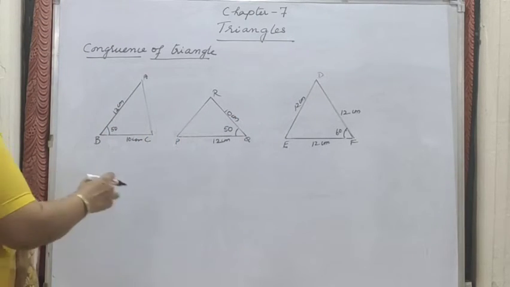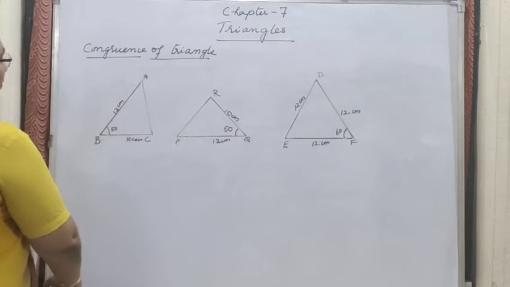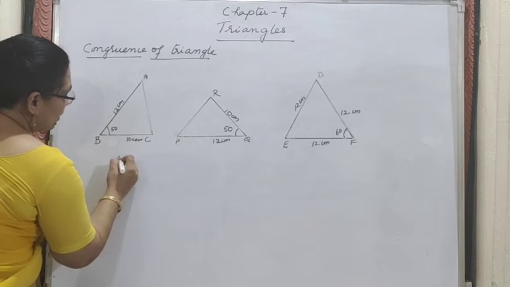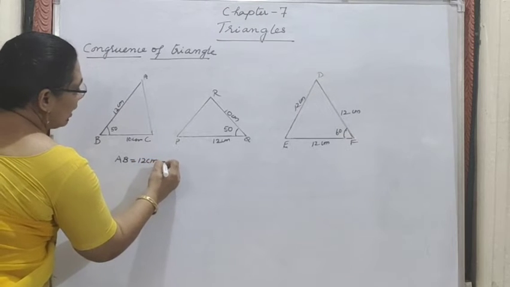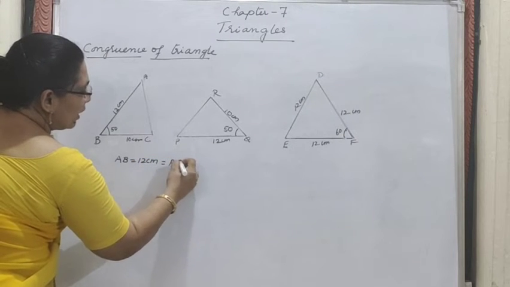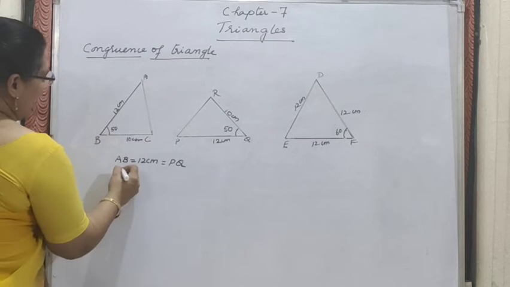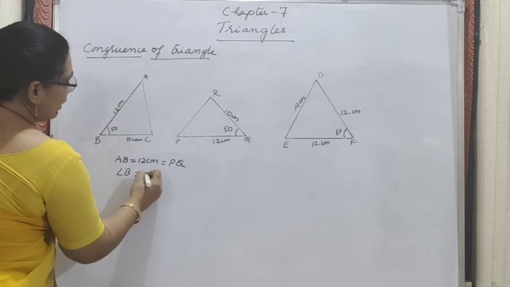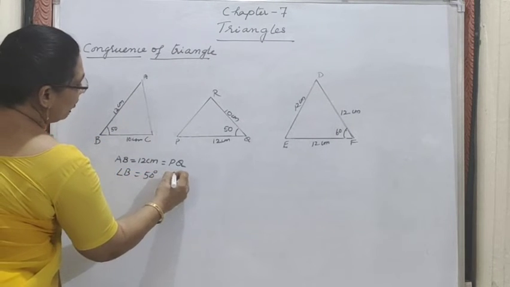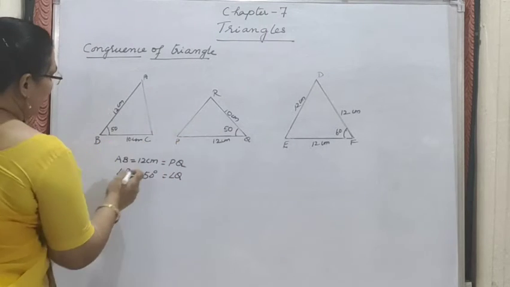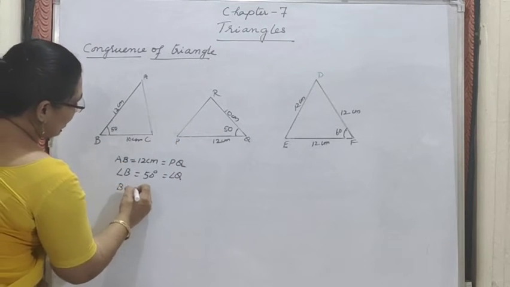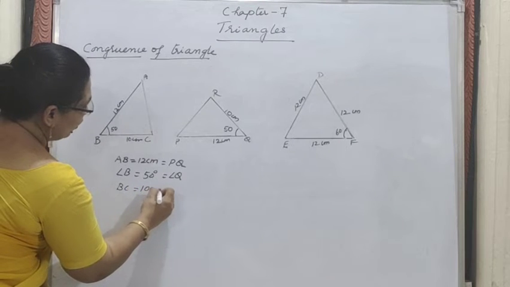But at the same time, what happens here? Here we will get AB equal to 12 centimeter in the first two figures, that is equal to PQ from the second, right? And angle B is equal to 50 degree, that is equal to angle Q from the second one. Next BC equal to 10 centimeter, that is equal to QR.